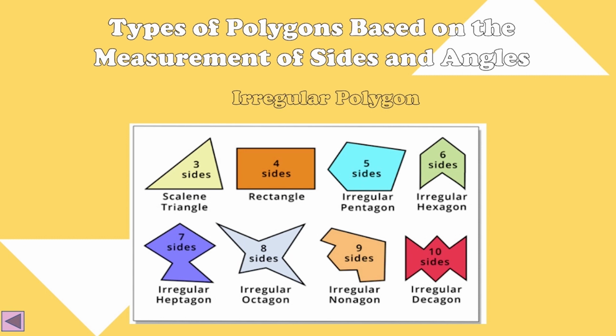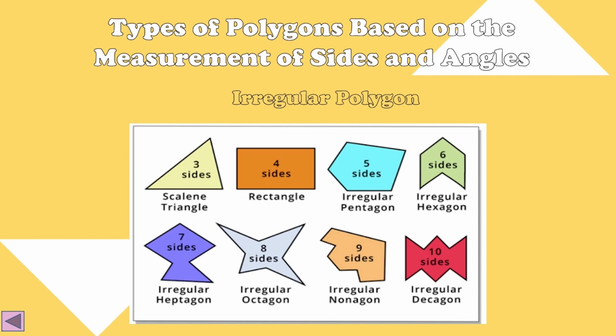So that brings us to the end of our discussion on the introduction to polygons. We've learned that polygons are closed figures made up of straight sides, and we explored some of the common types of polygons based on the measurement of their sides and angles.